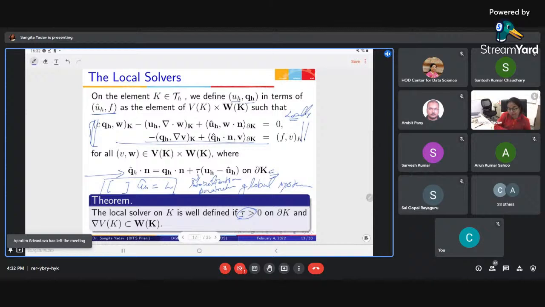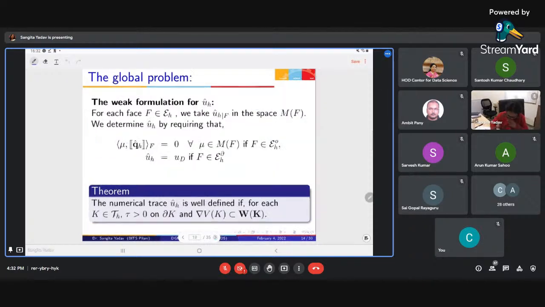And this stabilization parameter plays a very important role in the analysis of the HDG method. So I'll just skip the proof, but the main aim is: if you impose this condition for all faces on the interior edges, and then impose the boundary condition for the trace of u, this is going to be your global problem.